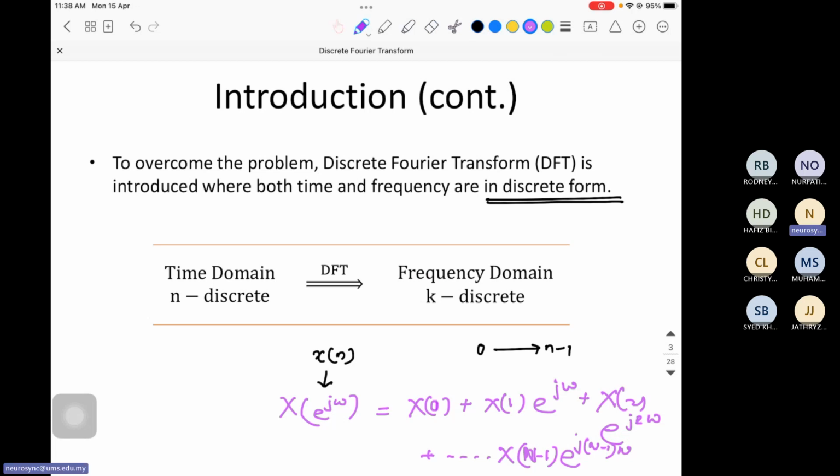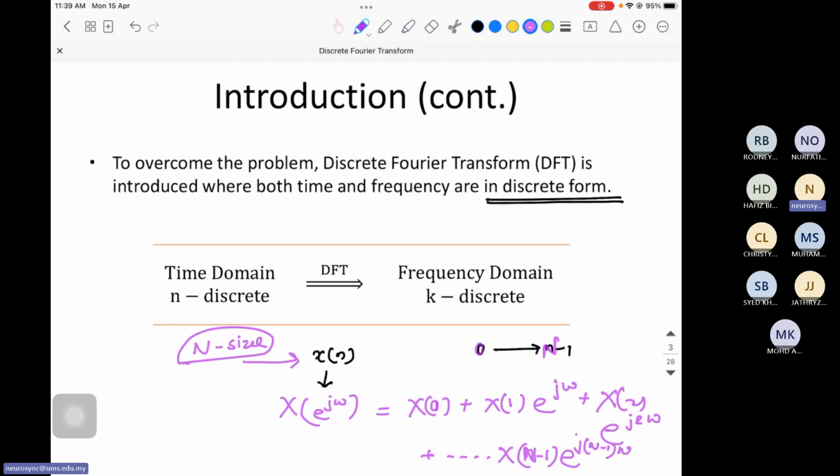Here this is capital N. If I say x of n is a sequence, N is the size of this sequence, so we have values from 0 to capital N minus 1 for this sequence x of n.